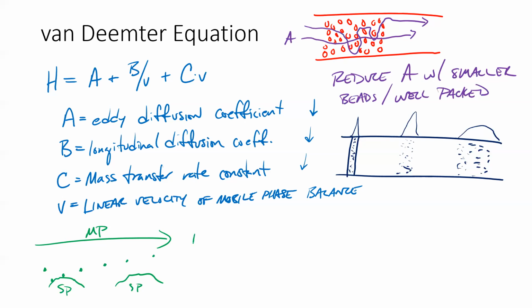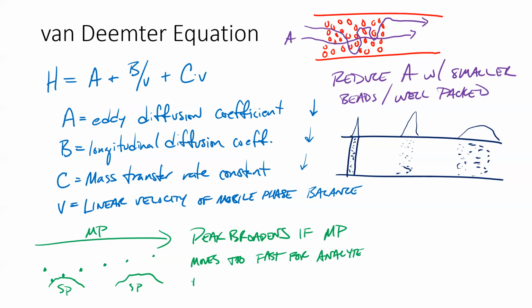Peak broadens if the mobile phase moves too fast for the analyte to reach equilibrium with the stationary phase.